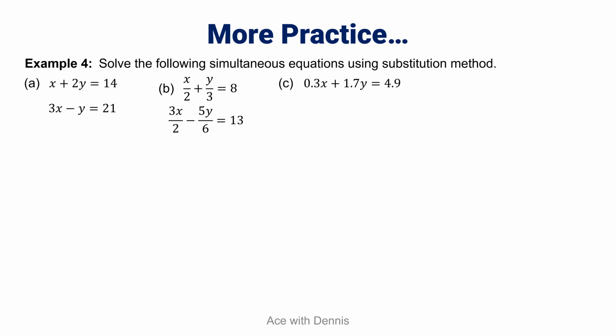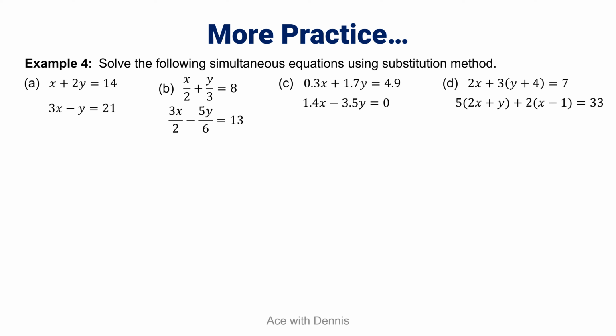C. 0.3x plus 1.7y equals 4.9, 1.4x minus 3.5y equals 0. D. 2x plus 3 bracket y plus 4 equals 7, 5 bracket 2x plus y plus 2 bracket x minus 1 equals 33.